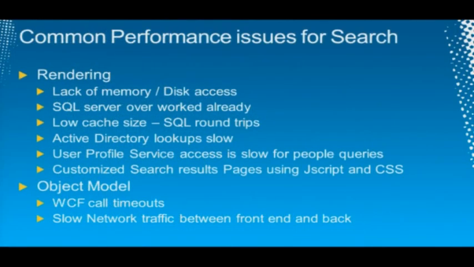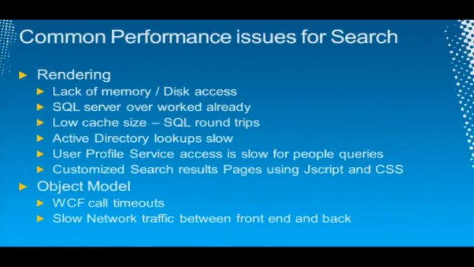So what are some of the common performance issues that we have today with search? Well, not just today with search, but common across the board. A lot of people don't realize that when we do search queries as a user, we're very much relying upon the available memory, hard disk access speeds and CPU to actually render the page results.